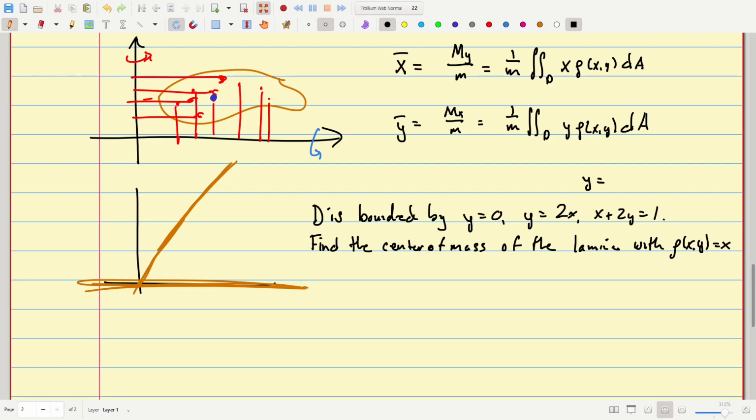We put this in the slope-intercept form, and it looks like this.